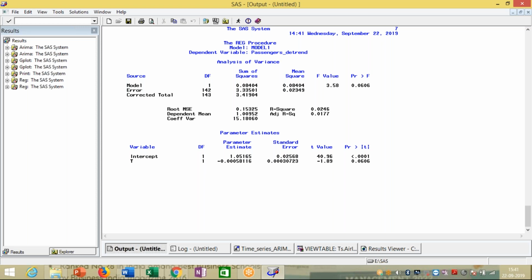Later, once we have predicted it, we can always go back to that equation and add back the trend values wherever required and see how much the figure was. But the initial prediction that we are making is in terms of the detrended series.